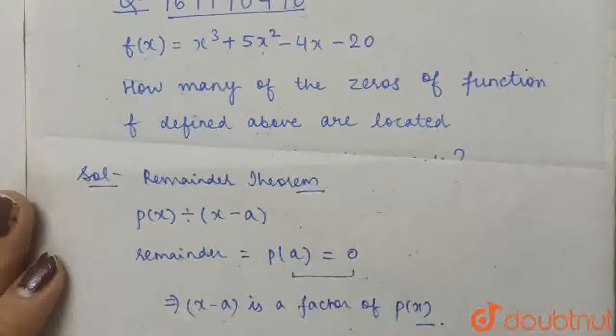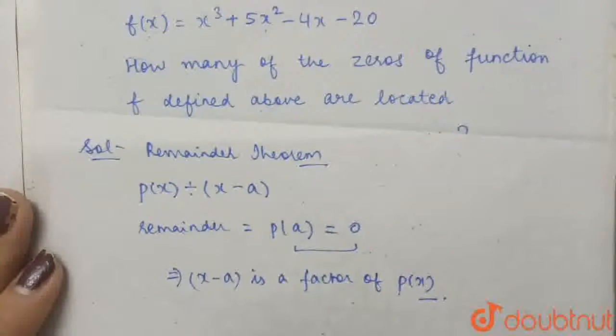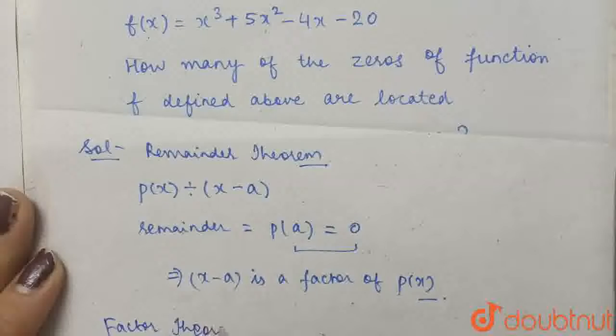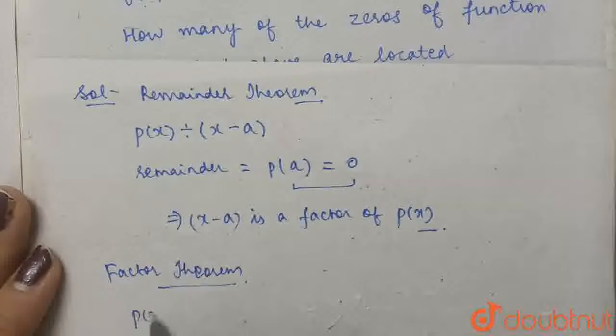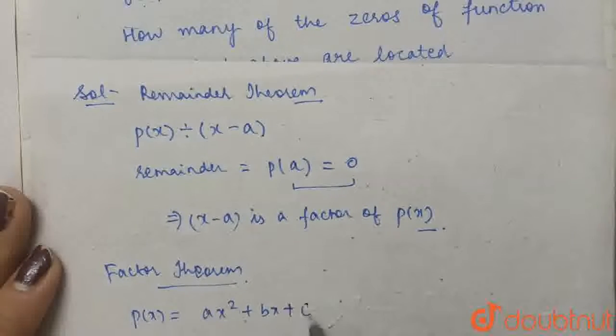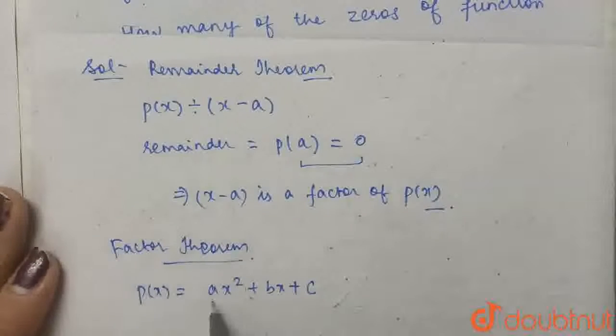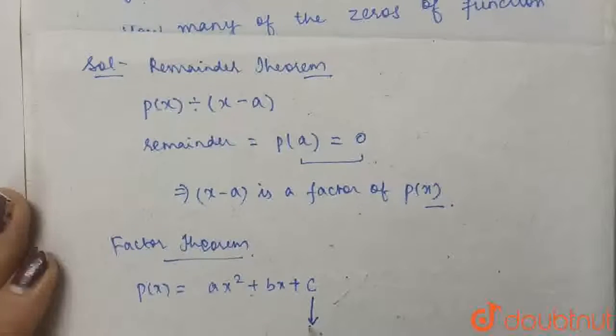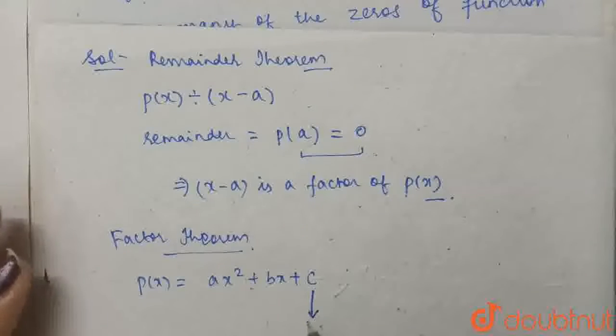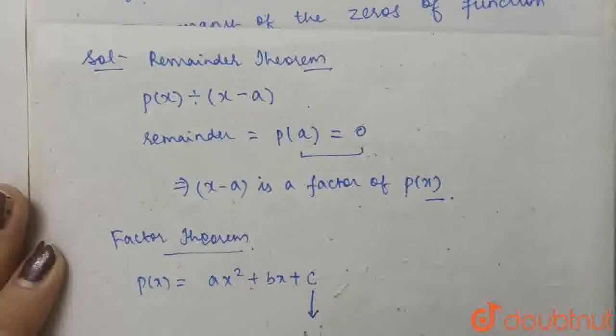So the inverse of the remainder theorem is known as factor theorem. That is, if we are given a polynomial, suppose p of x is equal to ax square plus bx plus c, a general form of a quadratic polynomial, then we take the factors of the constant term and we put those factors in place of x.